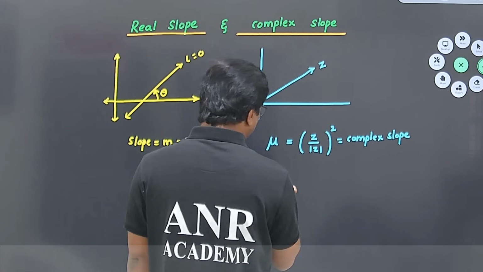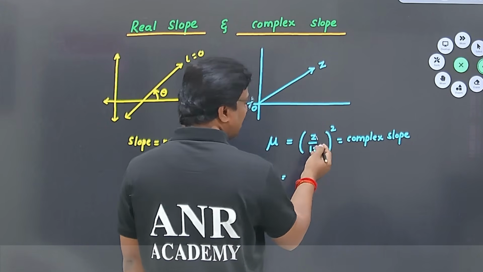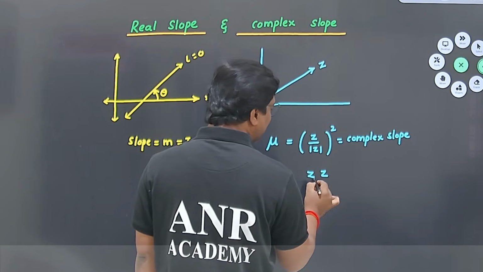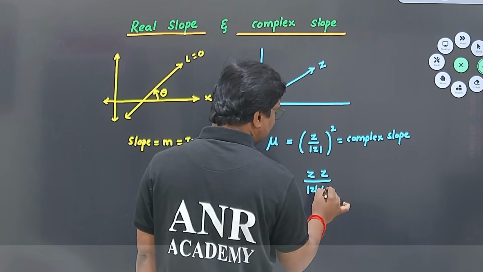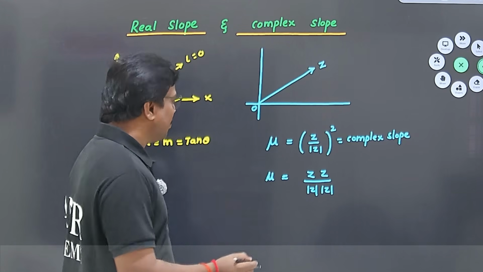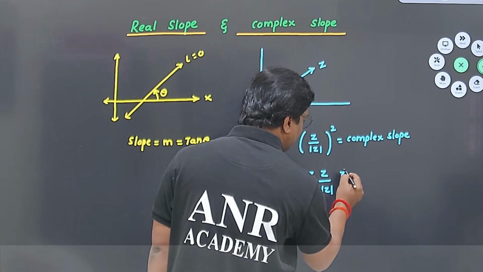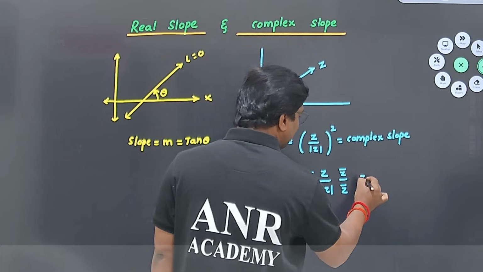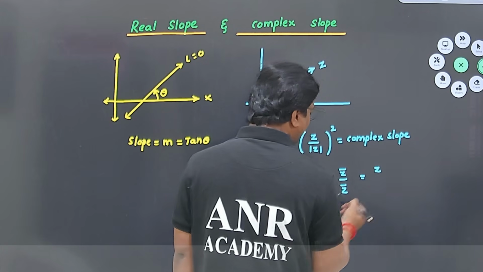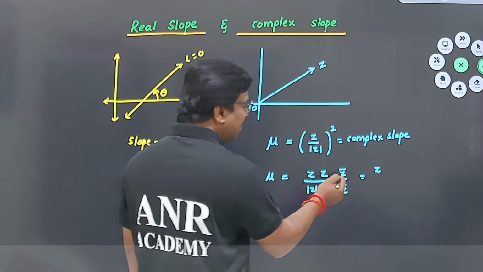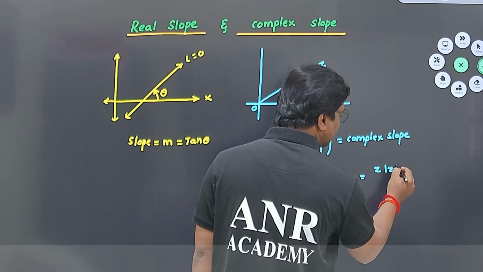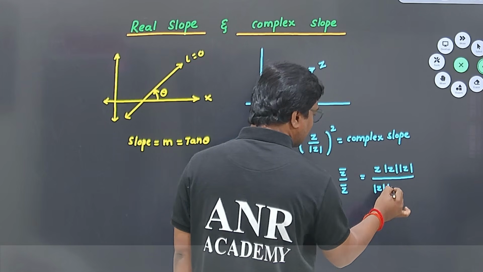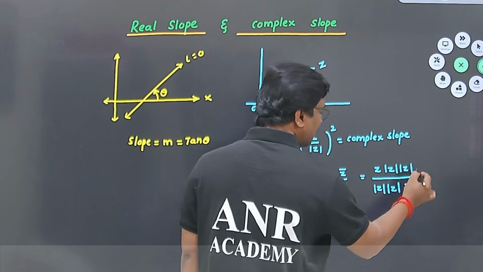And also you can write mu as z squared, written as z into z, in the denominator mod z whole square, that is mod z into mod z. If you multiply with z conjugate in the numerator and the denominator, on simplification, z in the numerator as it is, z into z conjugate is mod z whole square, divided by the denominator mod z into z conjugate.